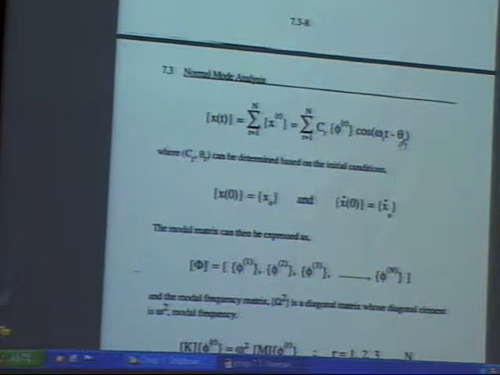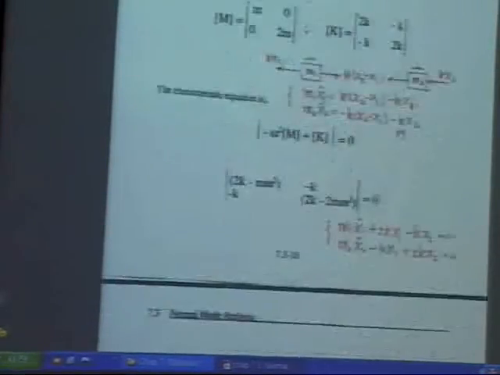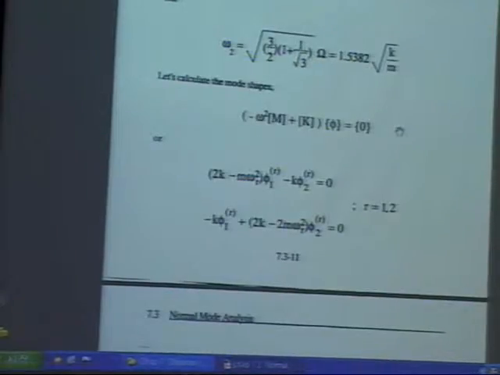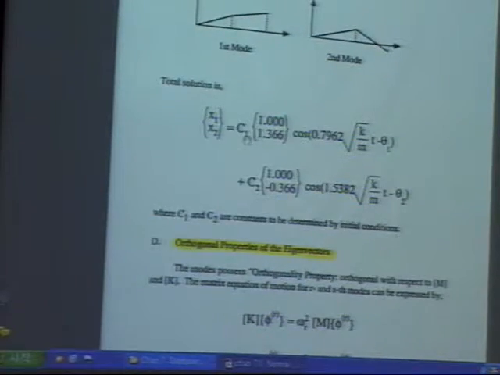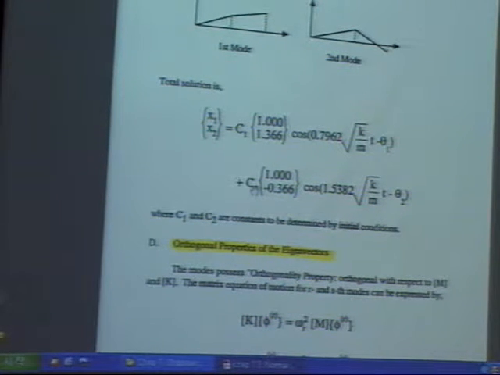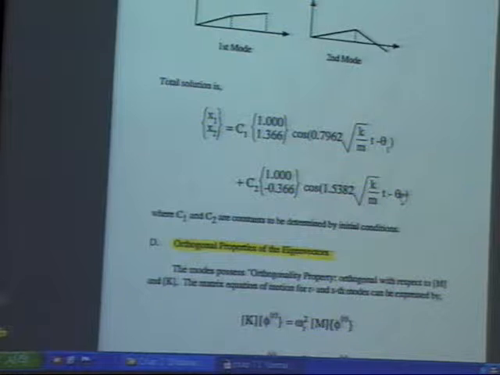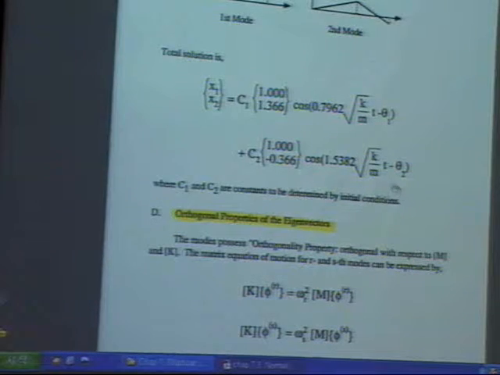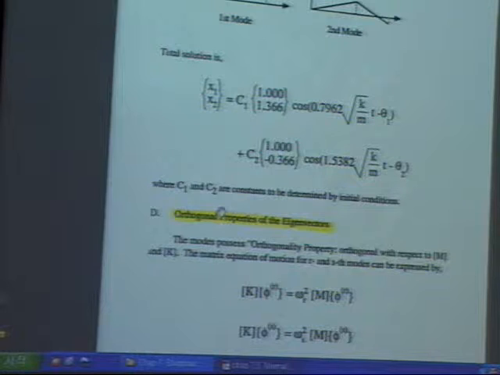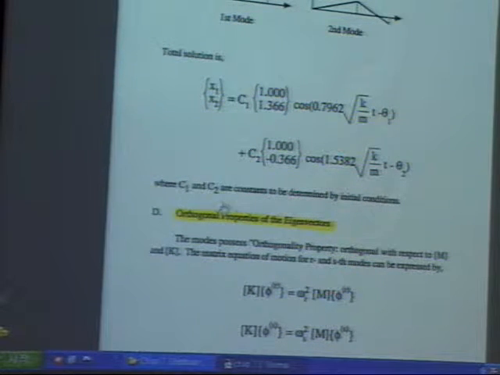Okay, so we'll see that in a minute. You apply initial condition to get C1, theta 1, C2, theta 2, as you will see in a minute. And we're going to look at the modal property.